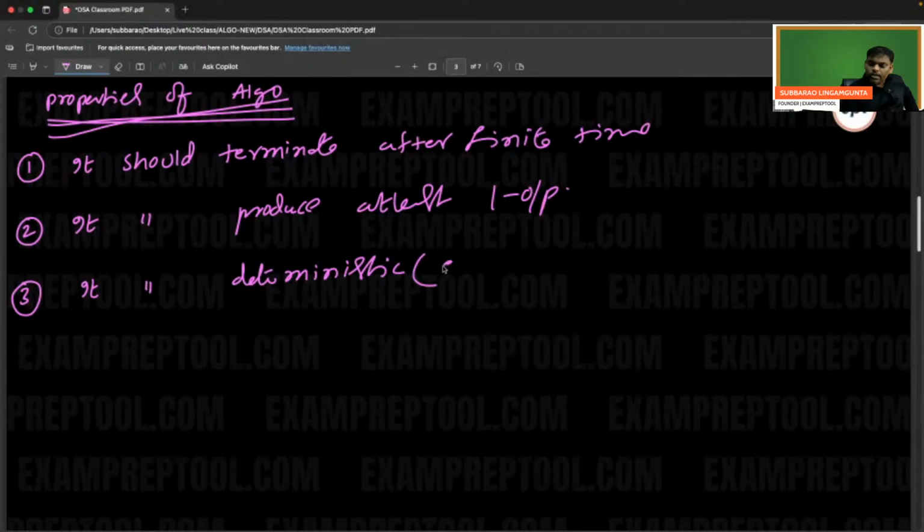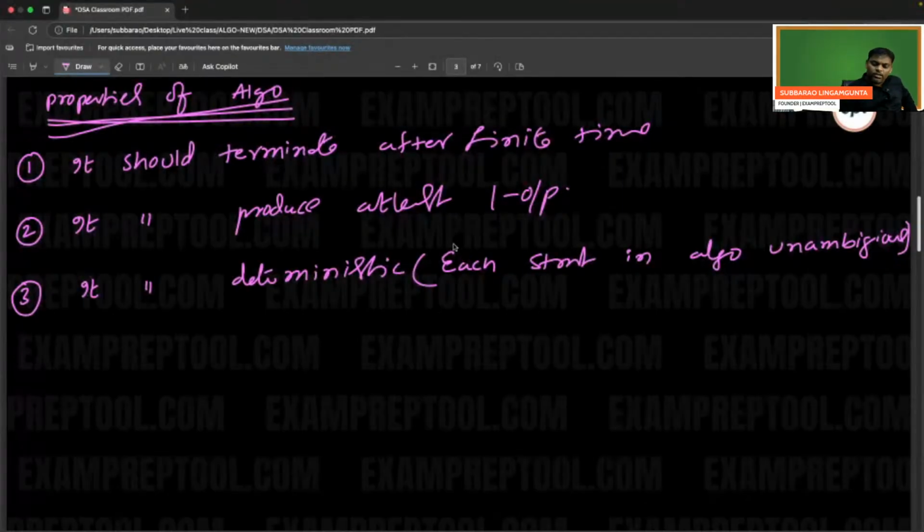Each statement in algorithm is unambiguous.